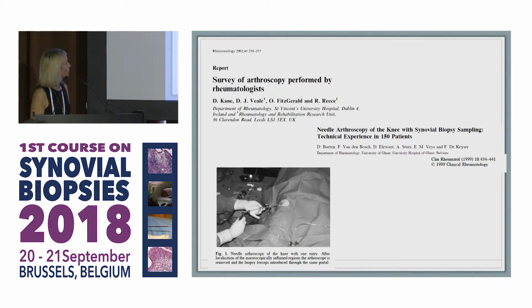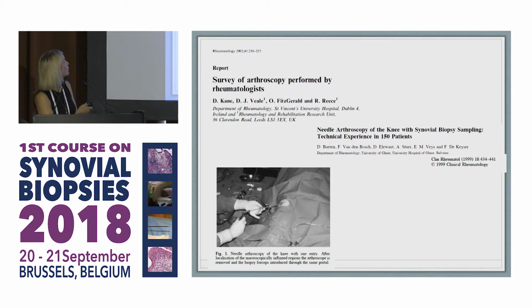So arthroscopy has been the gold standard approach for sampling synovial tissue, and that's been for some years now, and that's because of quite extensive data that's been published.